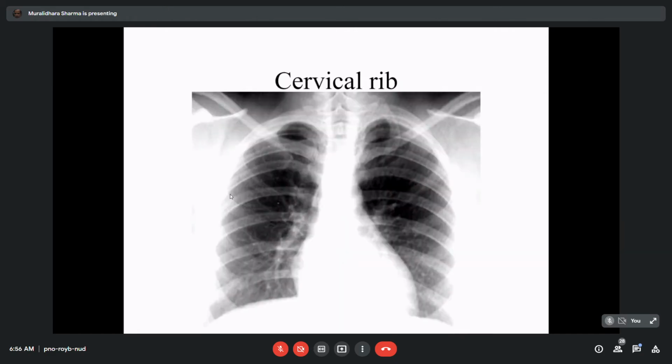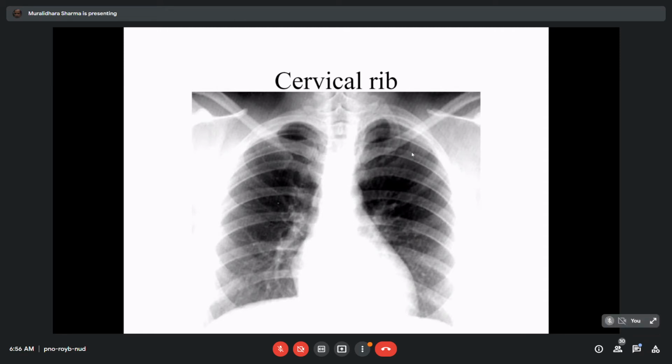X-rays also could be useful to find out some anatomical abnormalities. Normally you will not have a cervical rib, but there could be some variations in anatomy. Here, what you can see is an extra rib over the left side, a cervical rib. I think you are able to make it out.